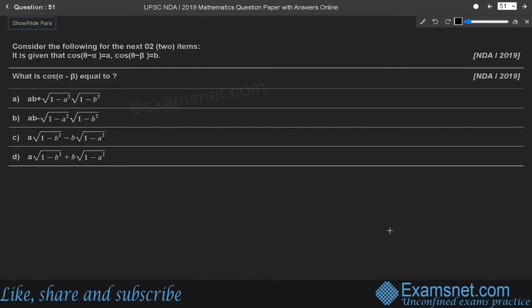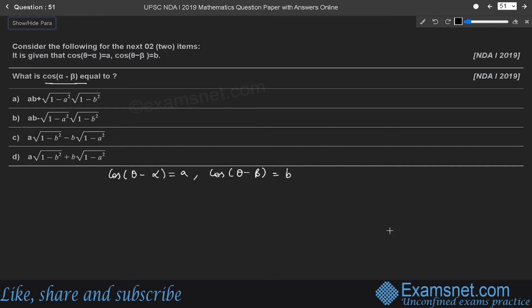Next question is: consider the following for the next two items. It is given that cos(θ − α) = a and cos(θ − β) = b. What is cos(α − β) equal to?